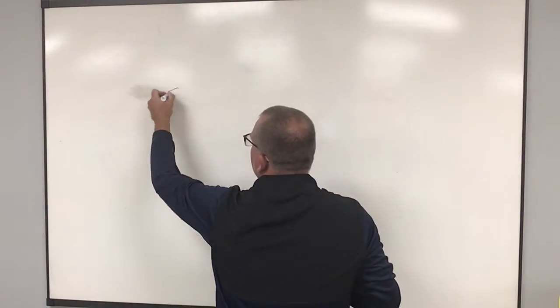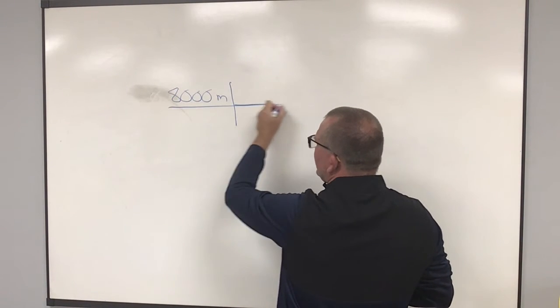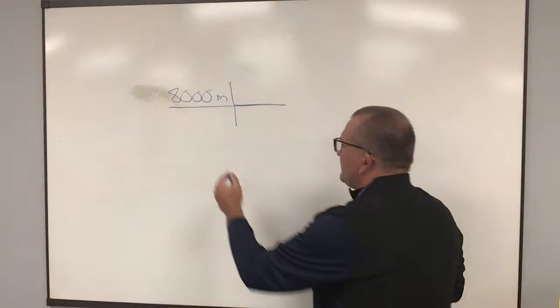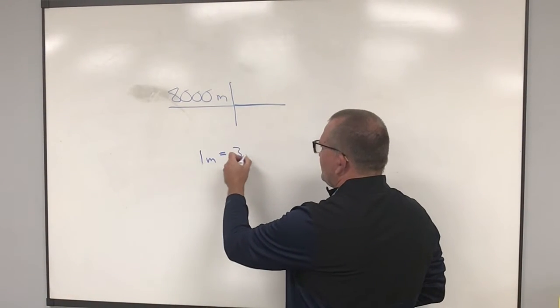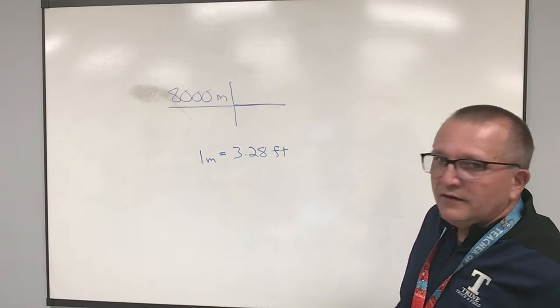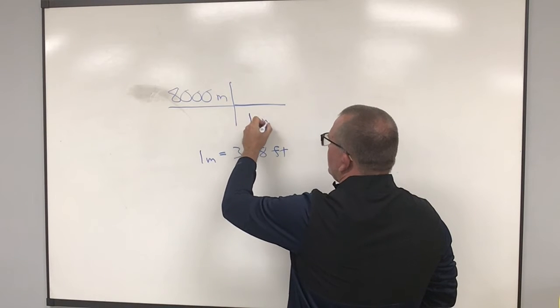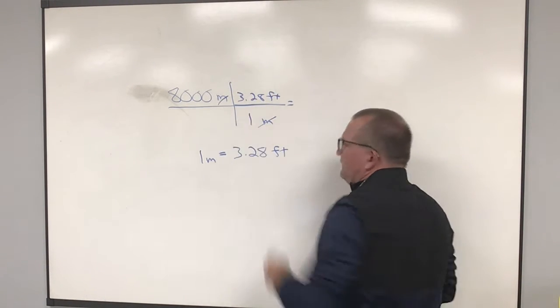Okay, so 8,000 meters, and we want to know it in feet. So pretty simple. We start with 8,000 meters, and we want to convert it to feet. And I mean, a quick Google search will tell you that 1 meter is a little over 3 feet. So I'm going to round this to 3.28 feet. And then all I want to do is plug this in here. Remember, meters, and 3.28 feet. And then I just multiply and go.